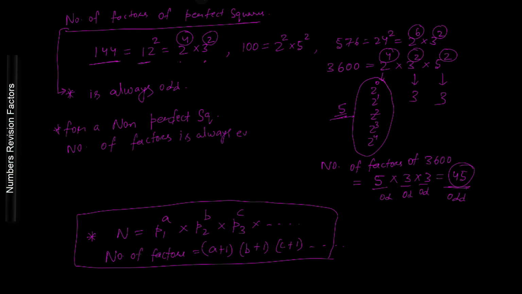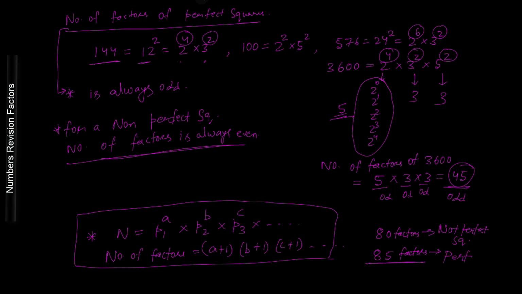For example, if I say a number has 80 factors, that means clearly that the number is non-perfect square. Otherwise it is not possible. But if I say a number has 85 factors, there is no confusion. One thing that we know about that number, if it has 85 factors, it will be a perfect square. It has no other choice. Be very sure and clear about it.